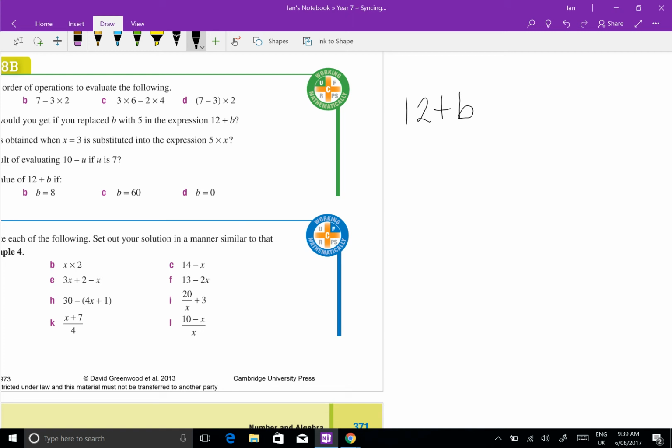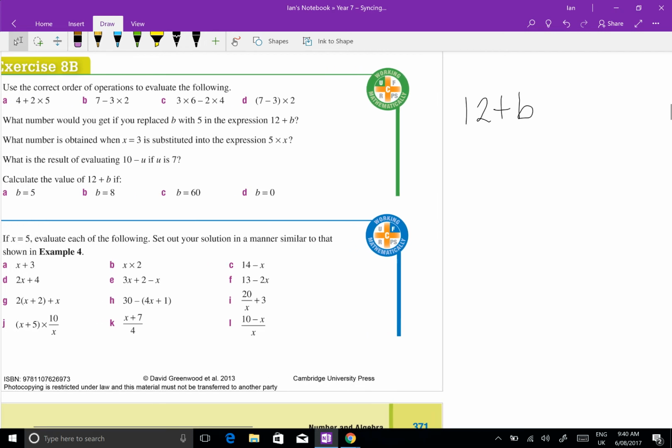There are two terms, the 12 and the B. Now, when there's no coefficient, there is a 1 there. The two terms, the 12 and the 1B. And remember, B can vary. We can put any number we want in for B. It is a variable. It is a pronumeral that we can change.